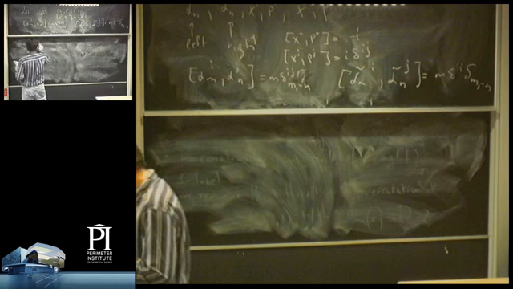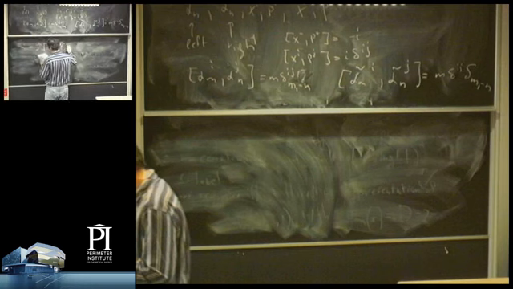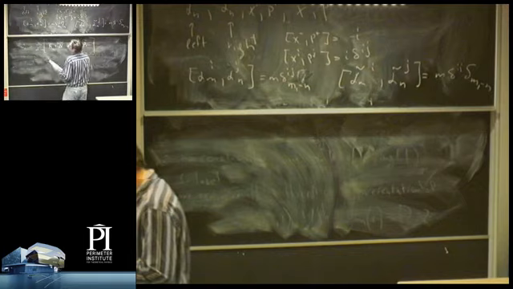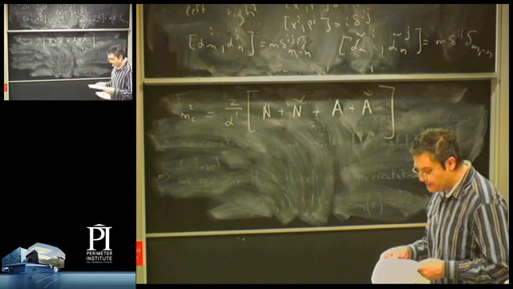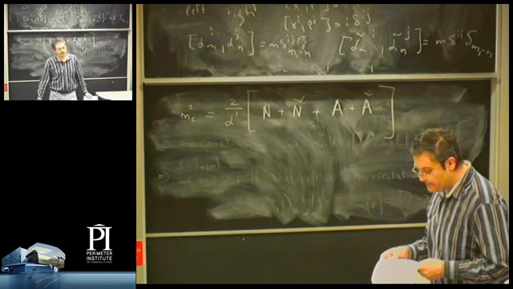I will have 2 over alpha prime, and here I have a plus a tilde. The tildes correspond to right movers. So the situation really parallels the open string. The only difference is this factor of 2, which you can sort out if you carefully follow the normalization.